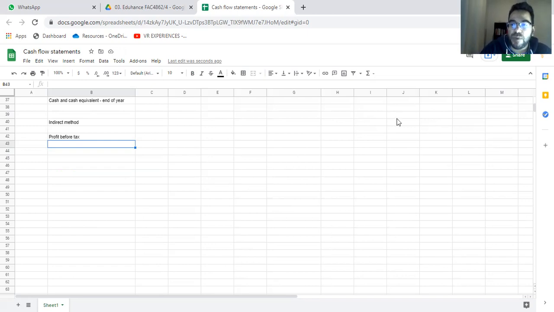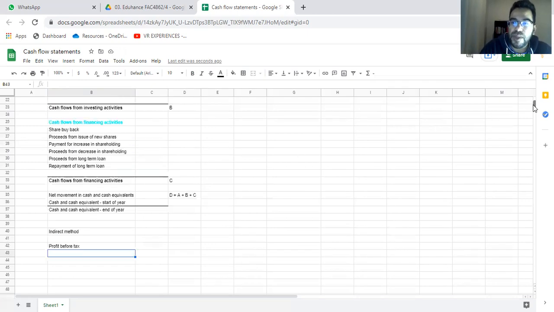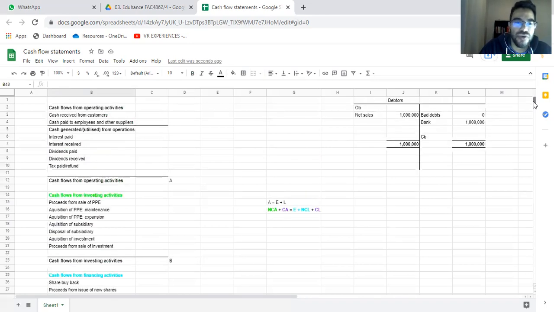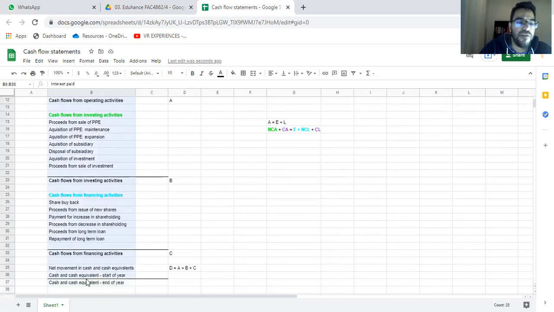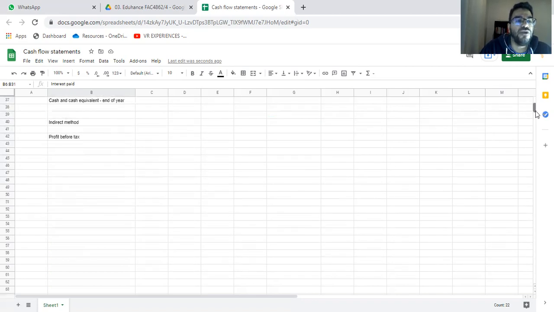Remember what we're trying to get to? We're trying to get to that number over here. Now, if you look very carefully, this number over here excludes anything relating to this. So anything in profit that includes these numbers cannot be in that number. So therefore, we make 2 types of adjustments.